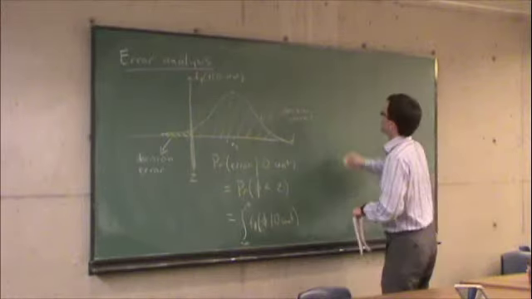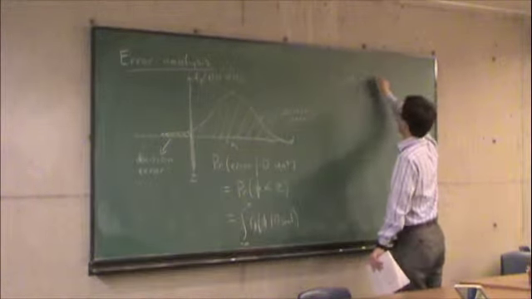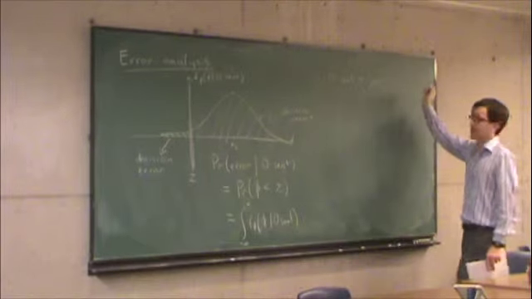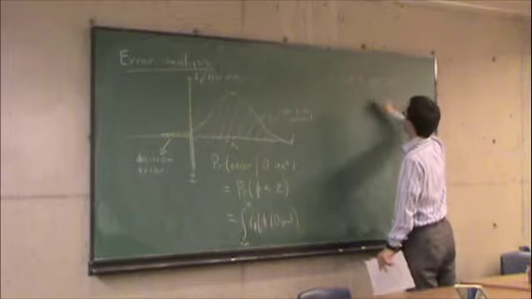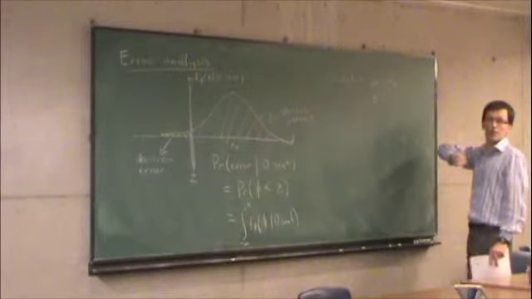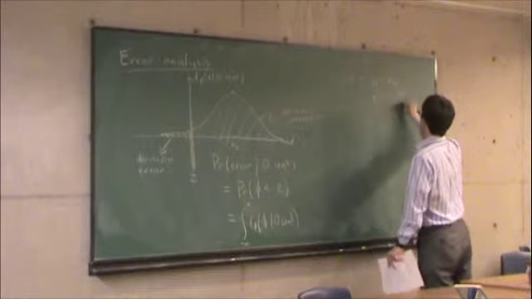If a 0 was sent, then what is my mean? My mean was NB, and my variance was NB N0 over 2TS.